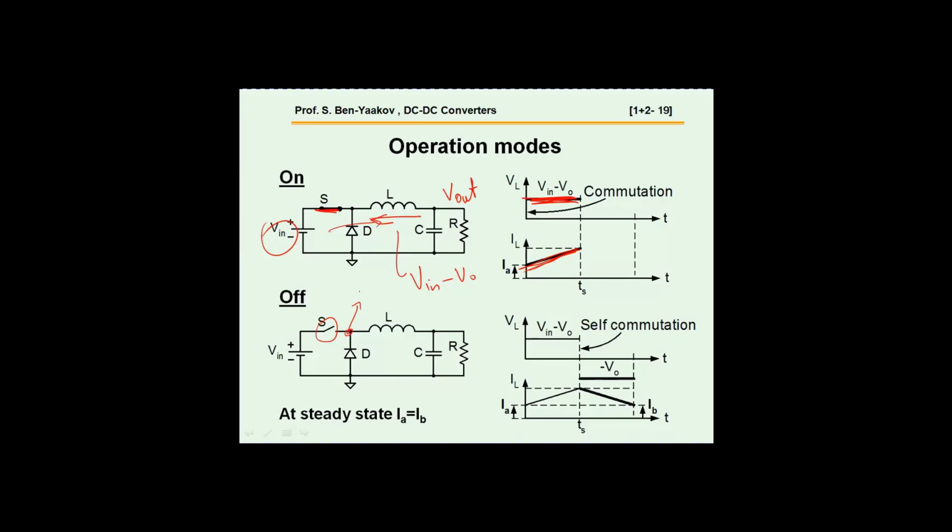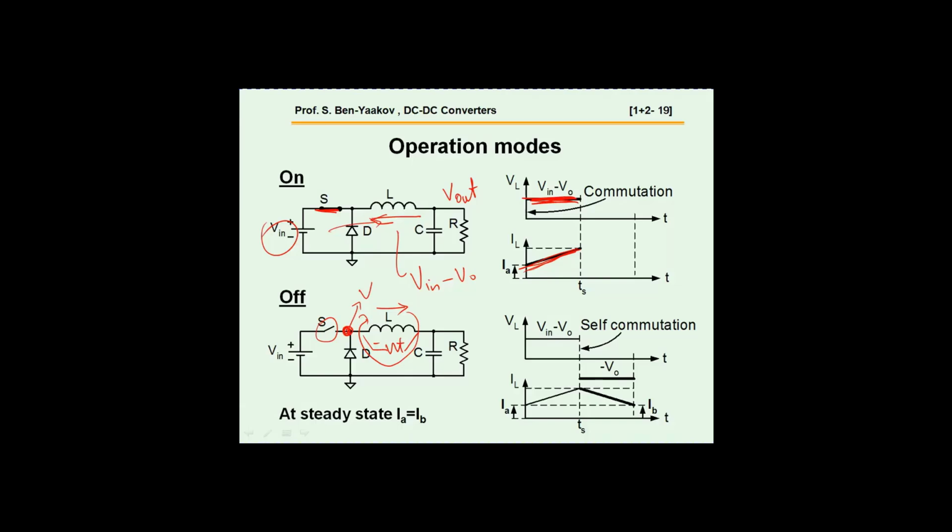A voltage will develop here. What's the polarity of the voltage? Well, if this is the direction of the current, this is the imaginary resistor we talked about. Here is the current flowing, continuation of the inductor current. This is plus, this is minus, so this becomes negative. So this voltage will go down.